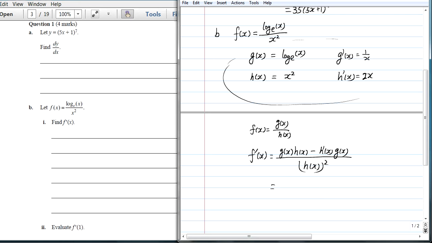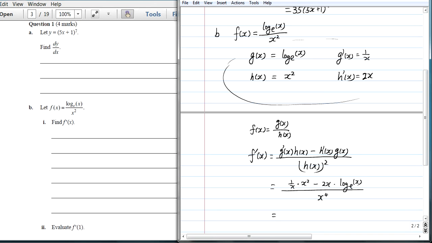The derivative of g(x) is 1 over x, times h(x), which is x squared, take away the derivative of h(x), which is 2x, times g(x), which is log x to the base e, over h(x) squared, so it becomes x to the power of 4.